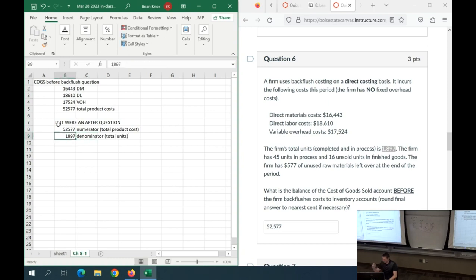That's how it's going to be labeled in pretty much every single question. The firm's total units. You just care about total units, which means that our cost per unit is $21.72 is what it would round to. We'll leave it unrounded because we're going to do some calculations.